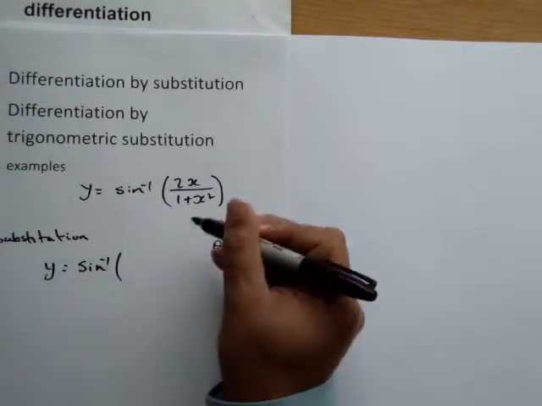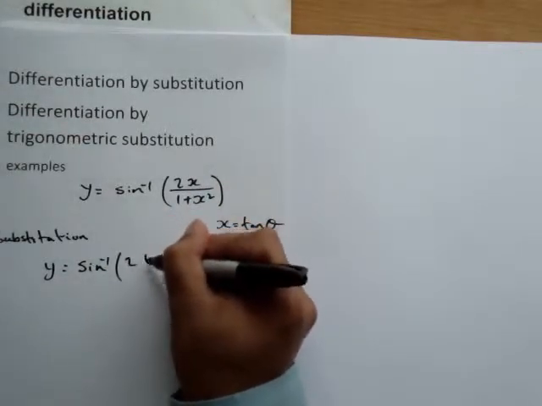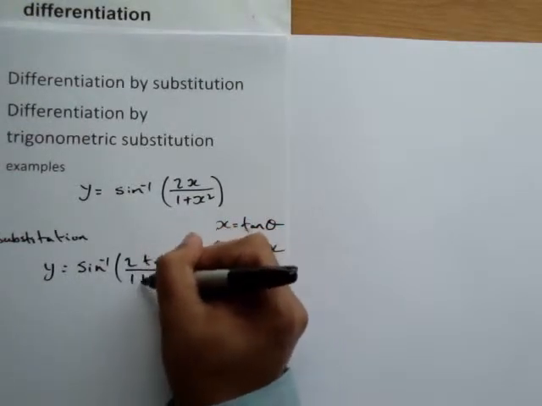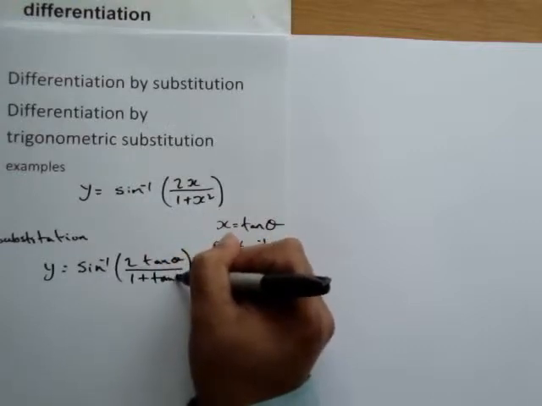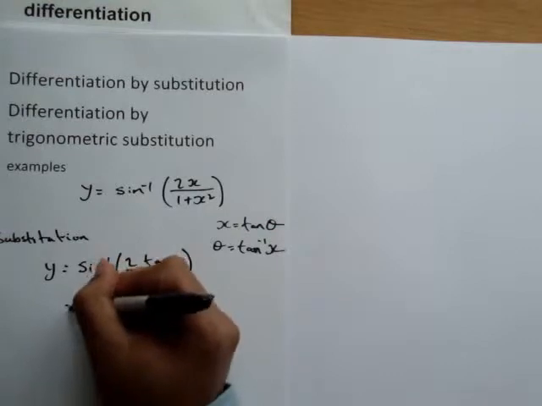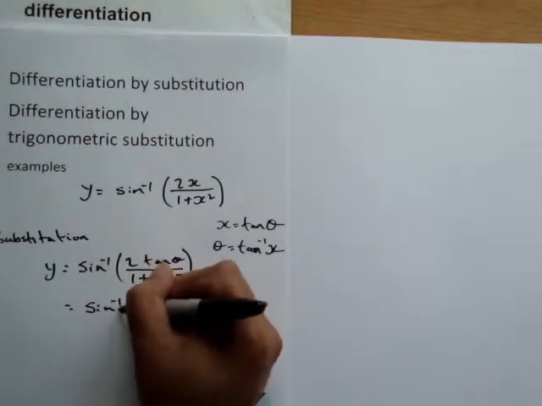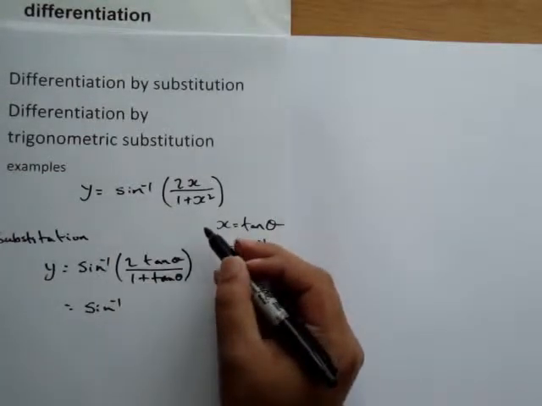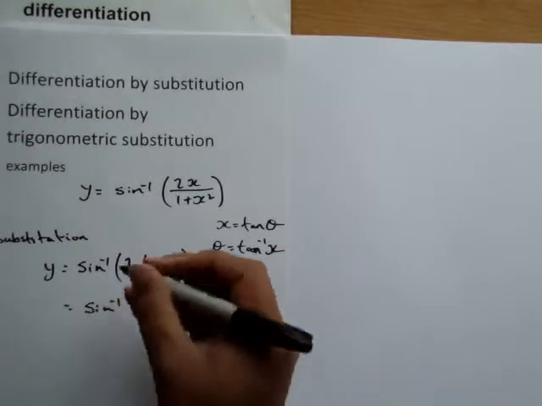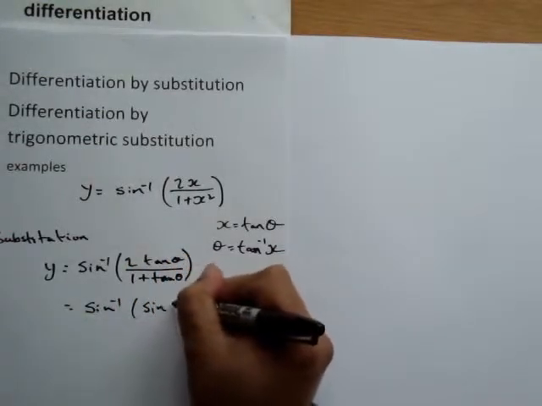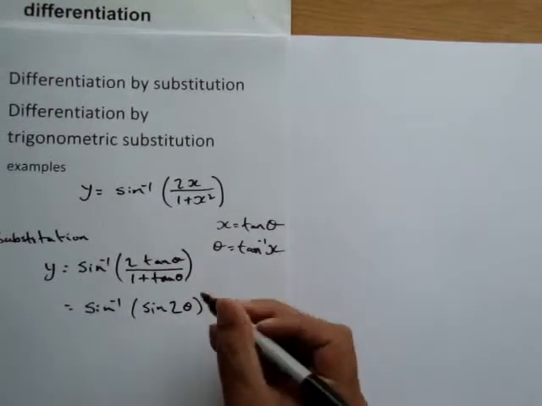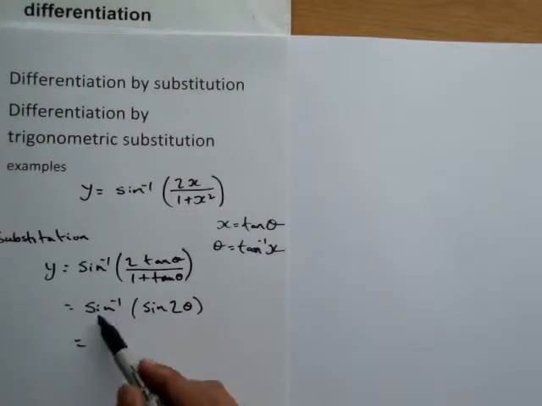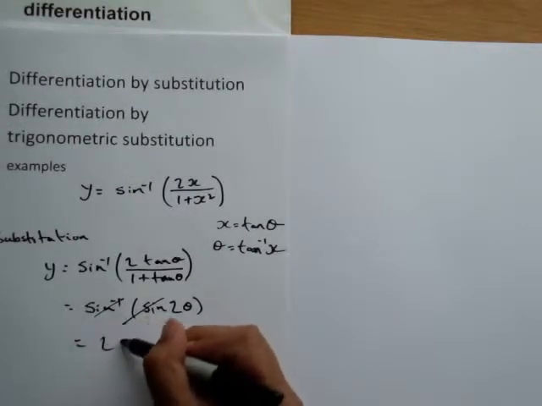Inverse sine, so the x becomes 2 tan theta over 1 plus tan squared theta. This is inverse sine of 2 tan theta over 1 plus tan squared theta, which from our double angle formula we know is sine 2 theta. Now we have the inverse sine and the sine, so they cancel each other out and we're left with 2 theta.